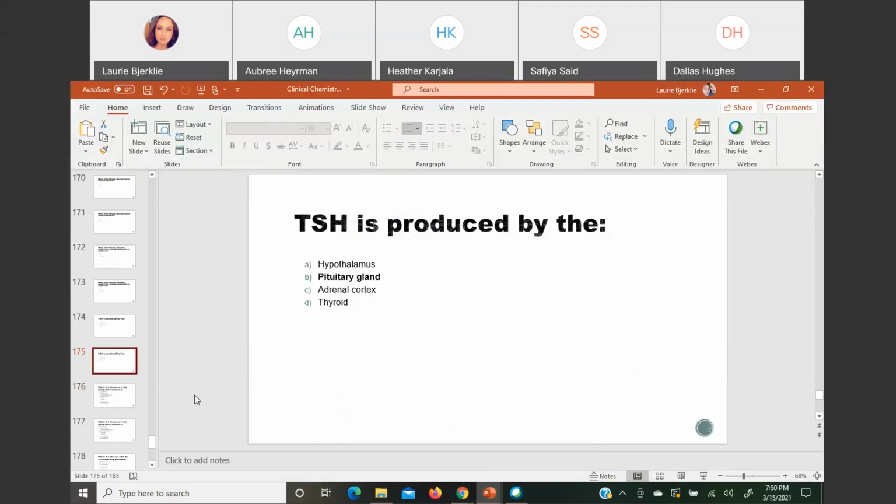It's released from the pituitary gland and then will go and stimulate your thyroid. But before I jump off this, I would just say there is a whole chain of events. The hypothalamus releases a hormone that will tell the pituitary gland to then release the TSH hormone. So it's like a chain event. But TSH is coming directly from the pituitary.